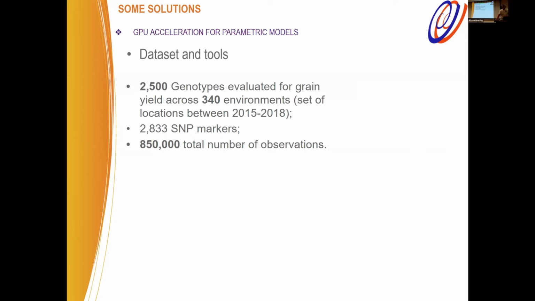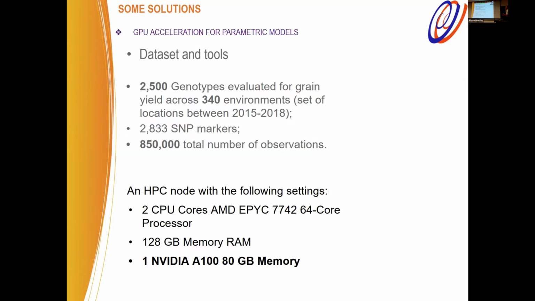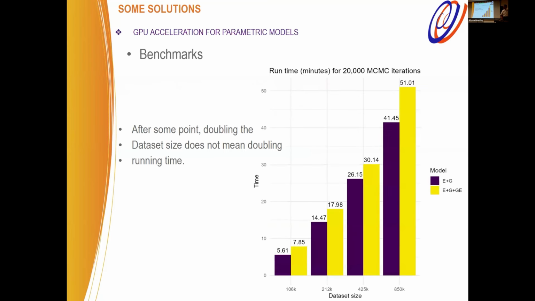I was never able to even develop the inverse methods. So this was like my wildest dream to try to analyze this data set, believe me. So he put together everything and used a two-core AMD processor, 128 gigabytes of memory, and back then he used the A100 NVIDIA GPU. Now we have the B200, and these are the results that he obtained.